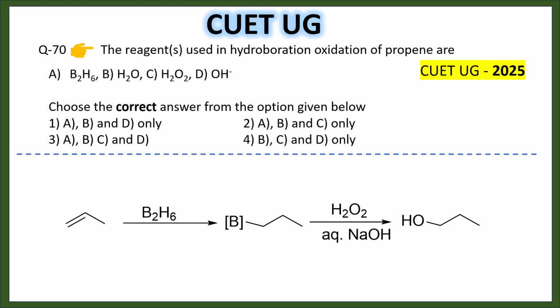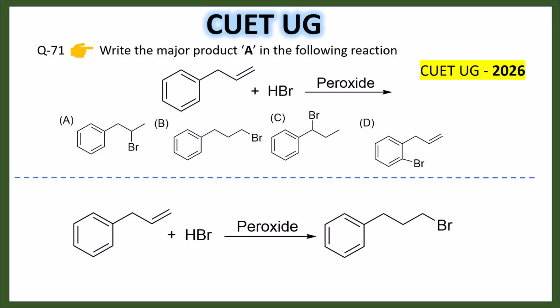Now question number 70. The reagents used in the hydroboration oxidation of propene are: in hydroboration, this reagent is first necessary, then H2O2, and also aqueous sodium hydroxide is necessary. So the correct option is this one. Now question number 71.